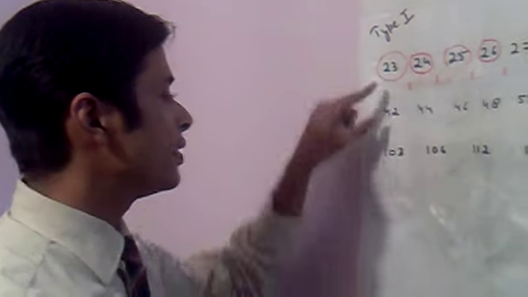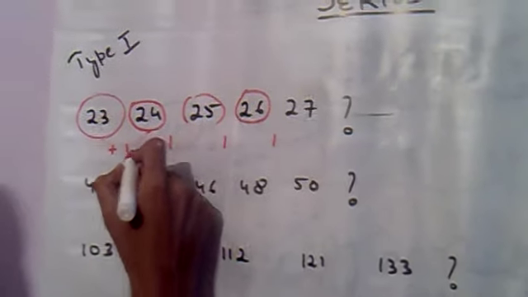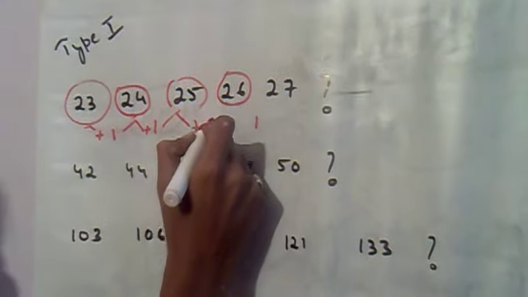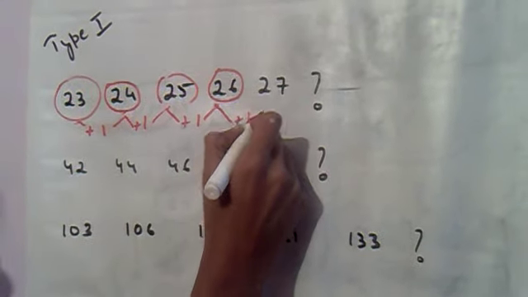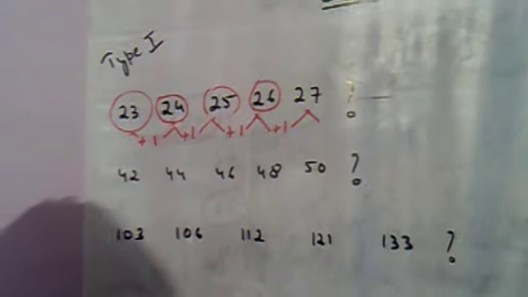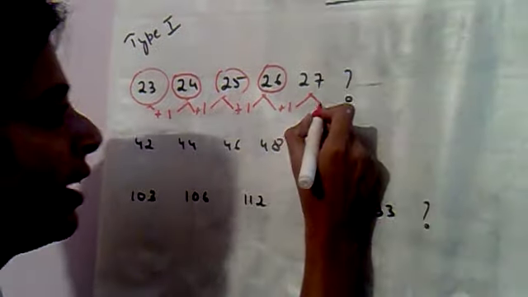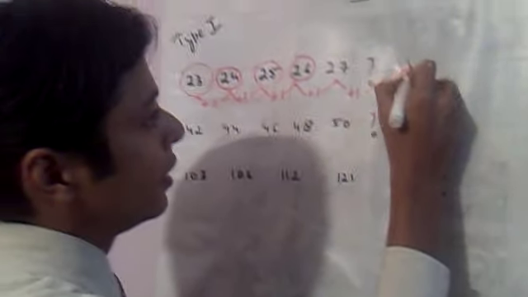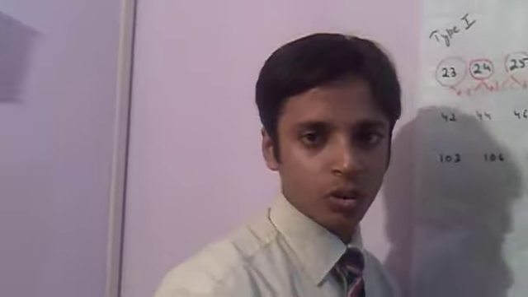The pattern over here is that 1 is added to a number and then the next number is generated. As we can see, 25 plus 1 is 26, 26 plus 1 is 27, and as the pattern is plus 1 everywhere, we would add plus 1 over here too, and this will be 28. So the answer would be 28.